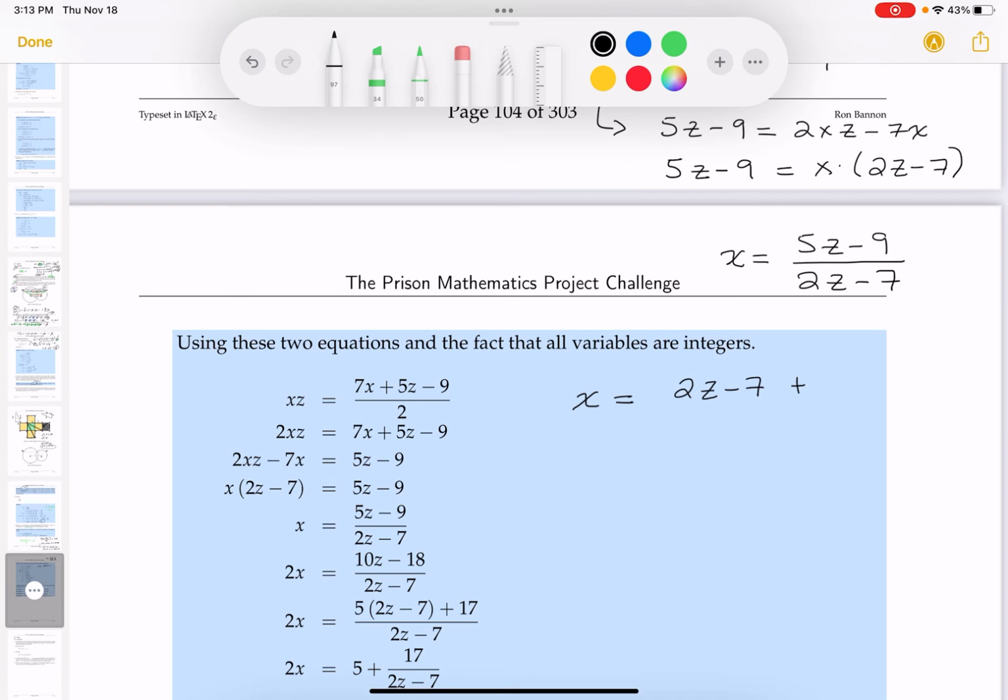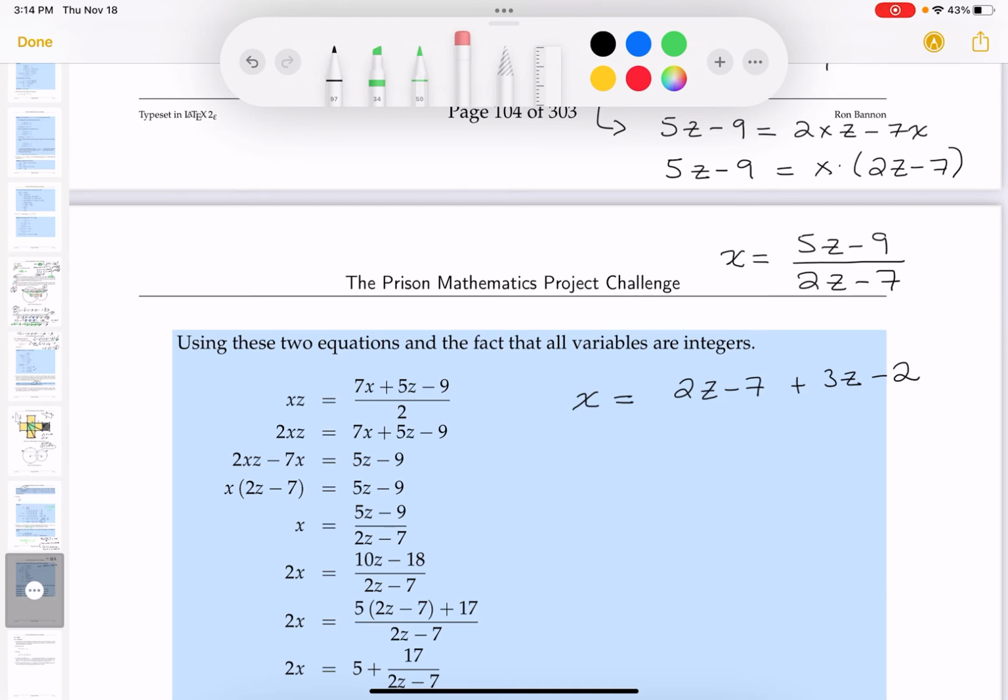What would you get? 2z minus 7. Let me write this down then. You'd get 3z minus 2. Nah, I don't think I want to do that either.